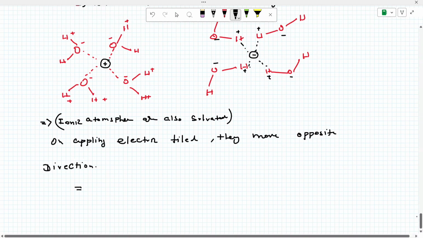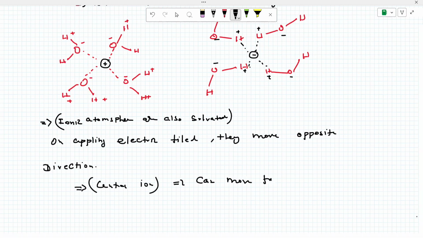Therefore, the central ion can move freely. Same concept, ditto, everything is the same. Okay?